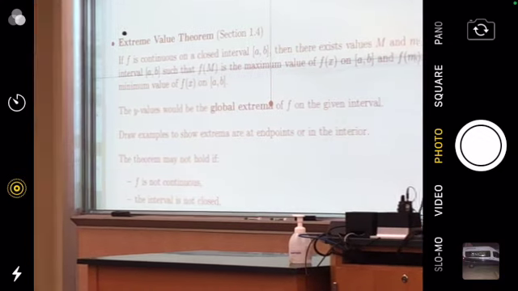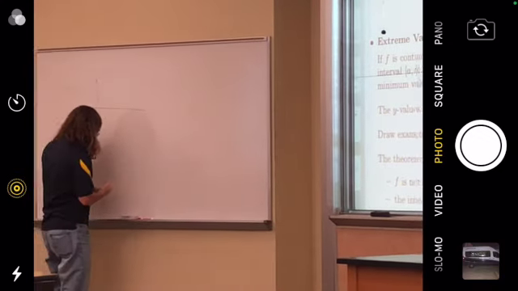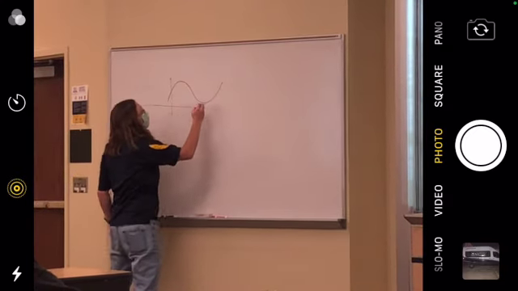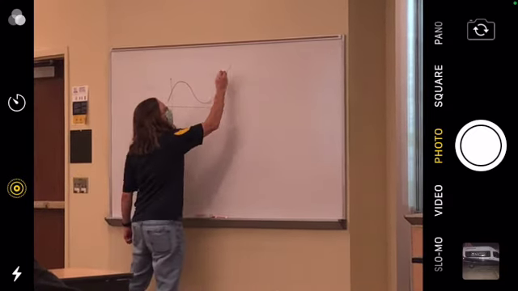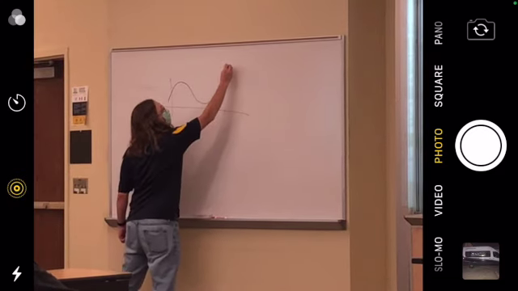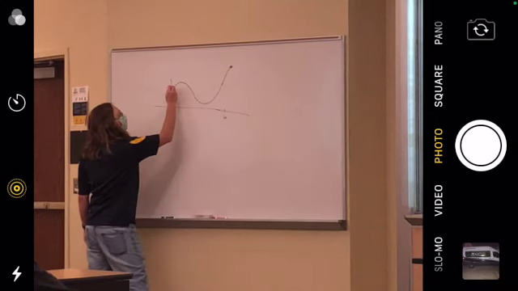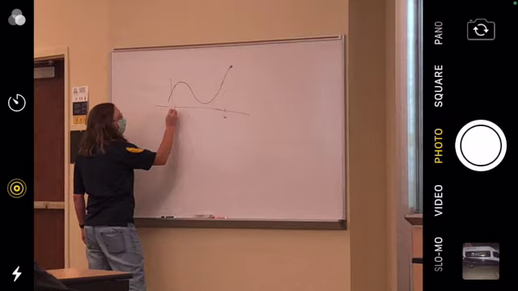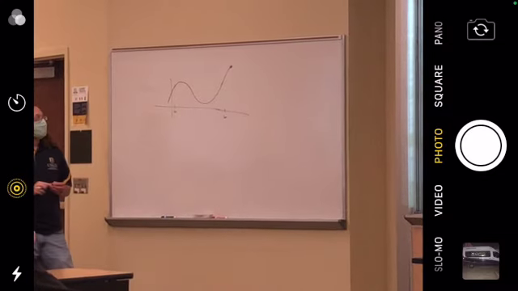So, our typical picture. Let's say you have a function like this. So here's some endpoint A or B, and A is sitting, we'll say, at 0.